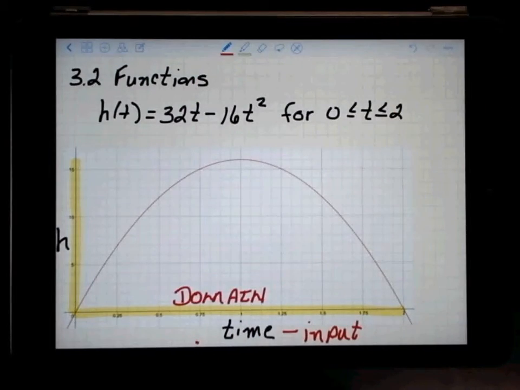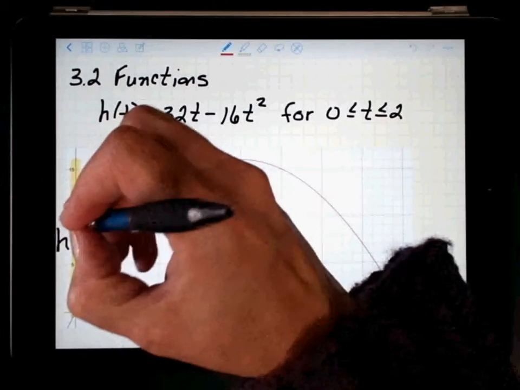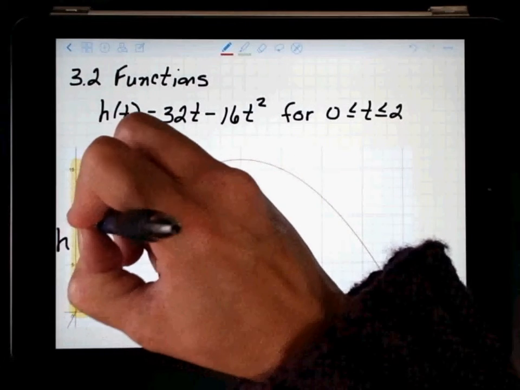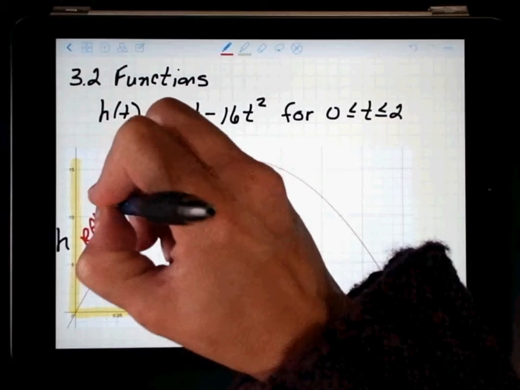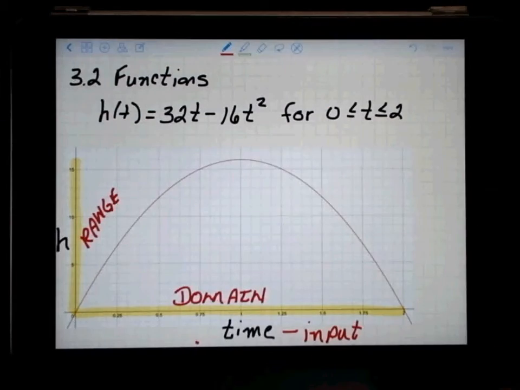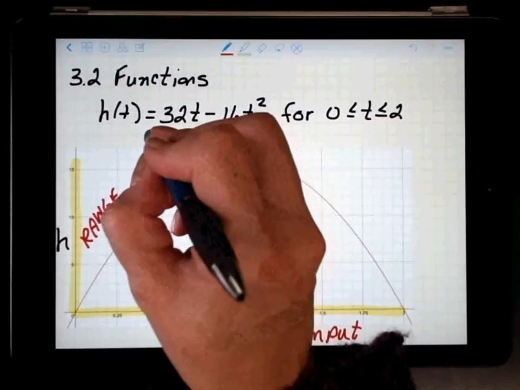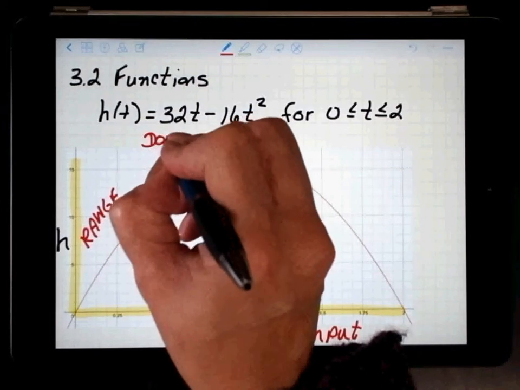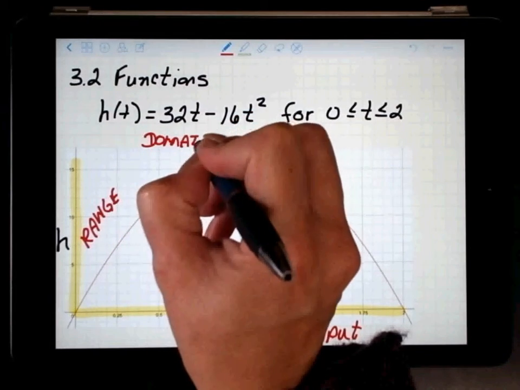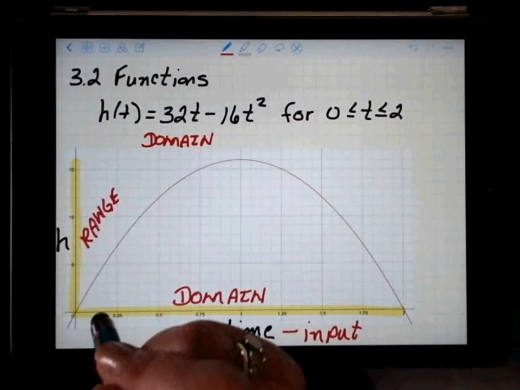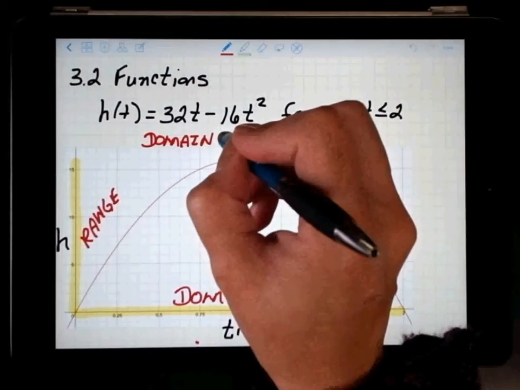The numbers that we can get out are the portion of the y-axis that's included in the function when we graph it. Those two have a name. This is the range. So for this function, the domain is all real numbers.